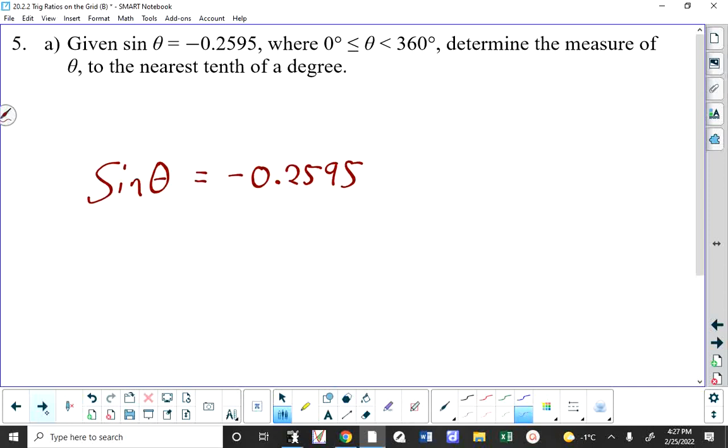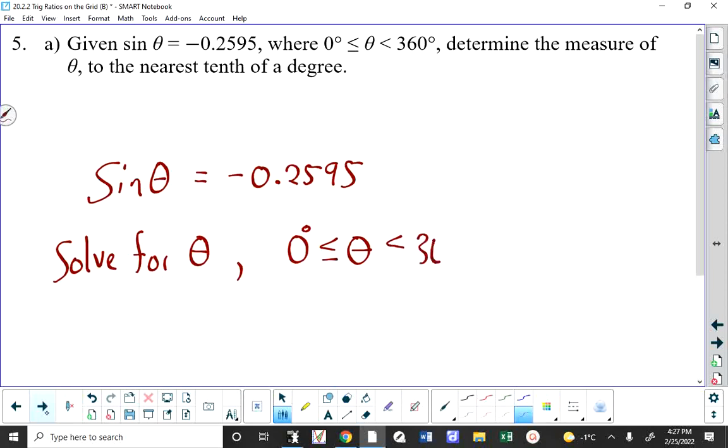It says, determine the measure of theta. So another way I could answer this question is solve for theta. But we do have a condition here, and the condition is 0 degrees is less than or equal to theta, which is less than 360 degrees.